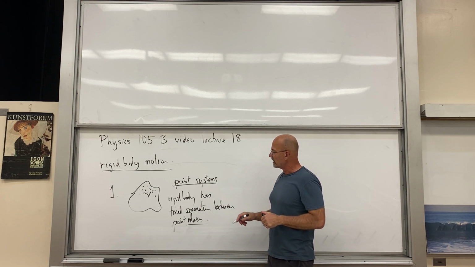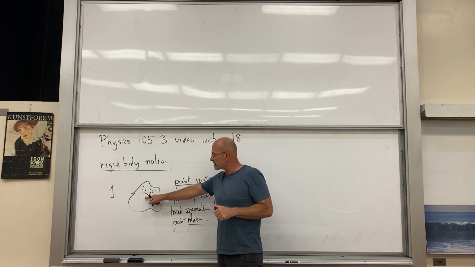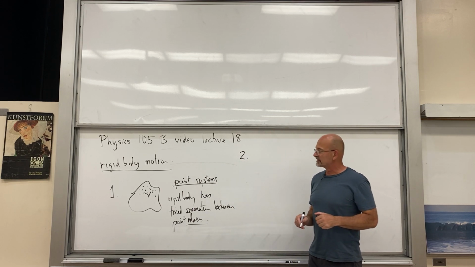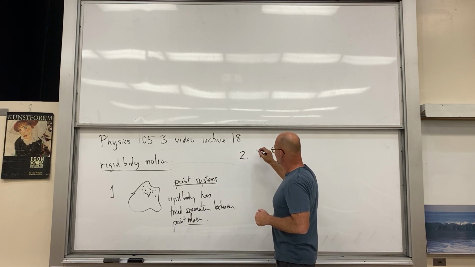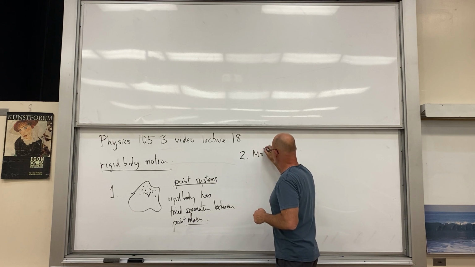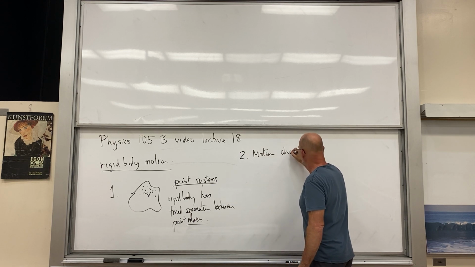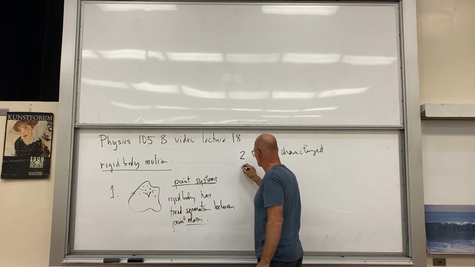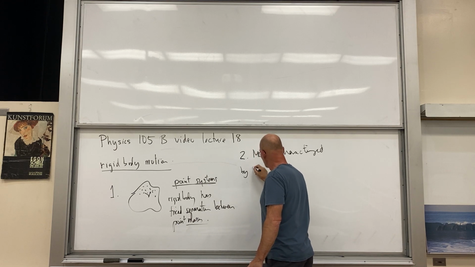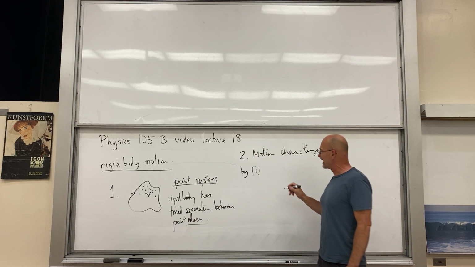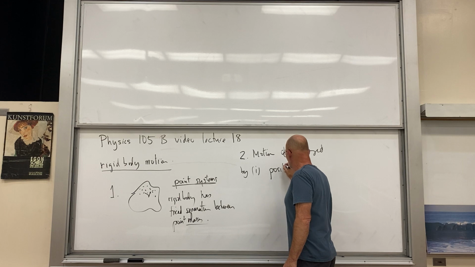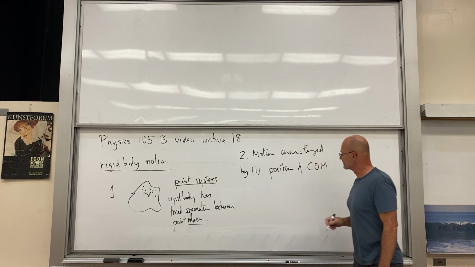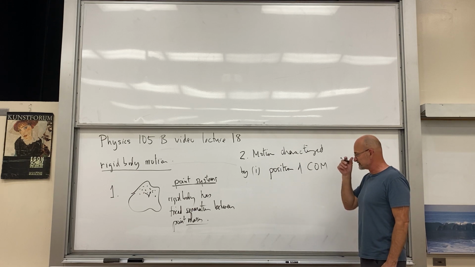and therefore you can characterize the motion of the rigid body by just a couple of quantities. So motion characterized by the position of the center of mass, the location of the center of mass.